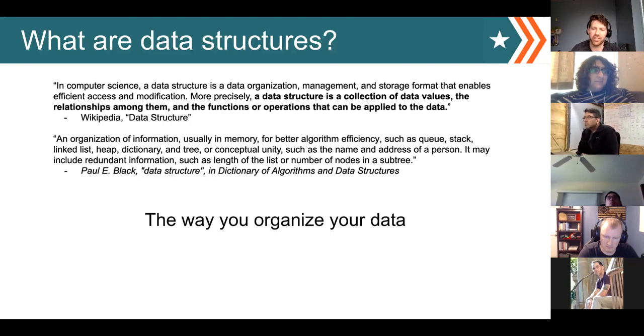So a data structure is a collection of data values, the relationships among them, and the functions and or operations that can be applied to them. So just like your school data structure that you currently have, it has some data in the initial instance variables that you create, like an array of students, an array of staff.